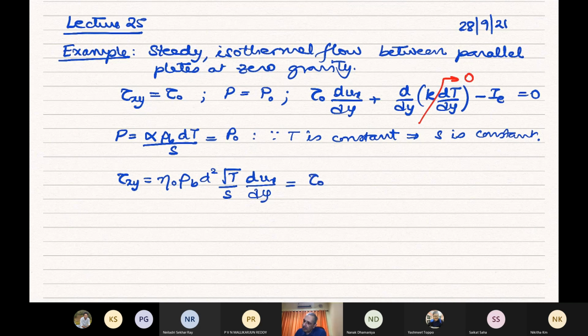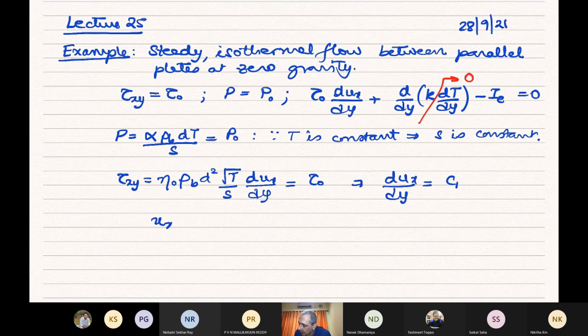You can see in this equation also, all these are obviously constant. Since it's isothermal, temperature is a constant. From the previous equation, we saw S is a constant, and tau 0 is also a constant. So this implies that dux by dy is just equal to some constant C1.